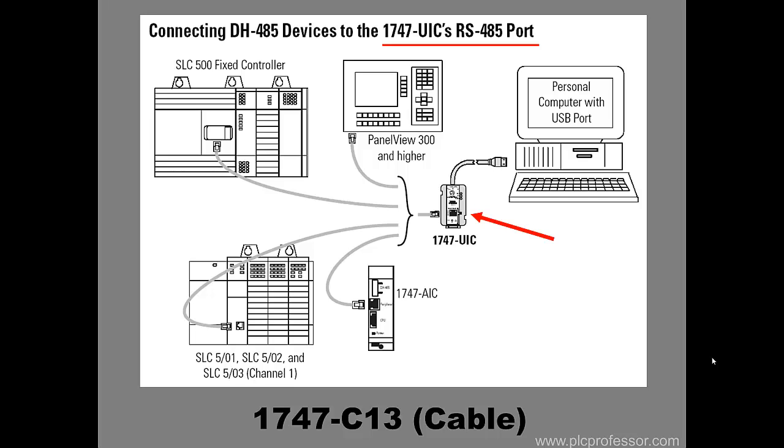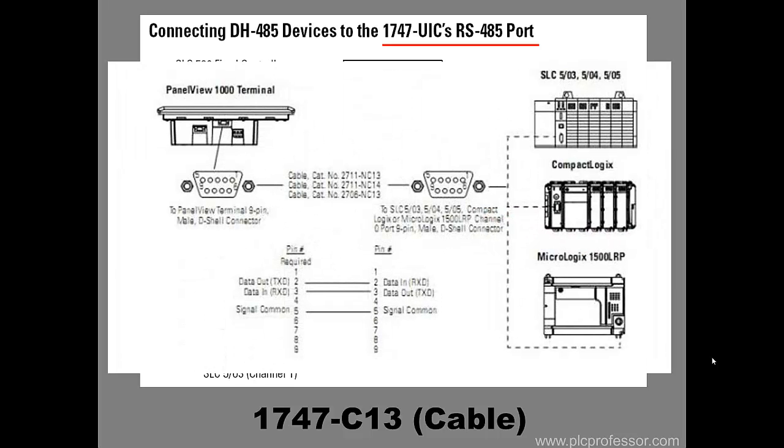So this diagram that will pop up now is the actual wiring diagram. It's kind of blurry. I got this right out of the manual. That's the best resolution I could get. So again, you can pause here, but you can see this is straight through. Pin 2 to pin 2, pin 3 to pin 3, pin 5 to pin 5. So a 1747 C13 cable is straight through 2, 3, and 5.